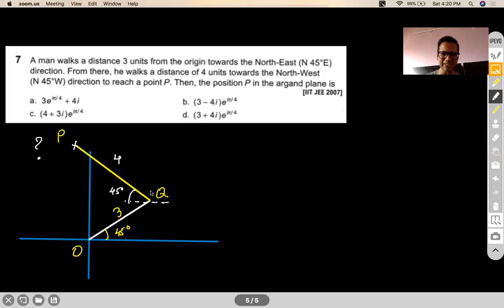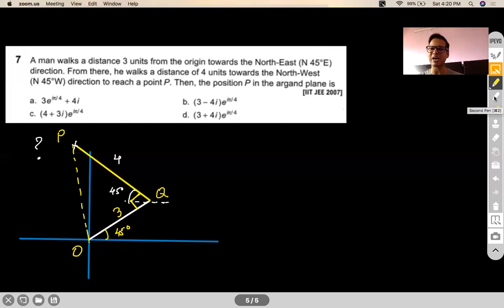See, first of all, you know this is 90 degrees. This is what is required. Of course. You can treat this as if you are adding two vectors.